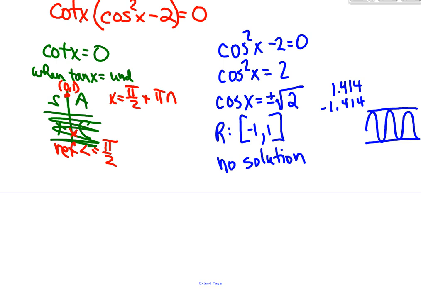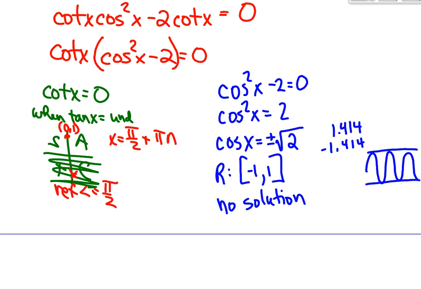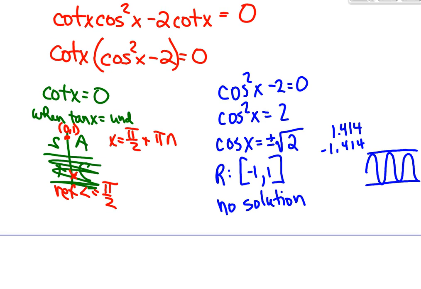So that can happen as well, that there's just no solution. Otherwise, we could have factored and things could have worked out a little differently for us. And so the solution to this one overall is just that part that's right there.